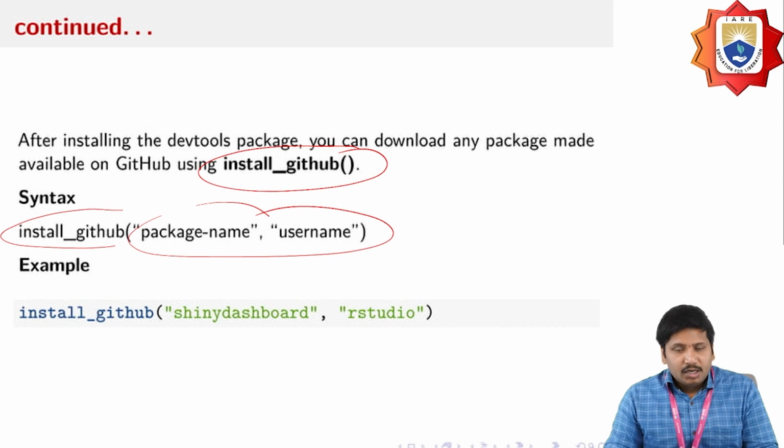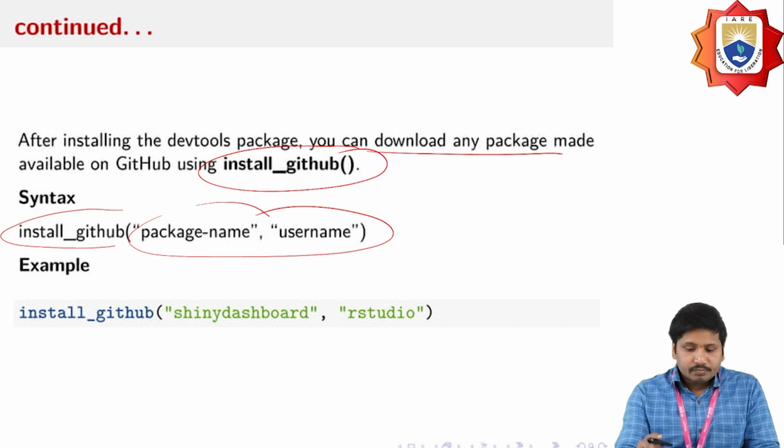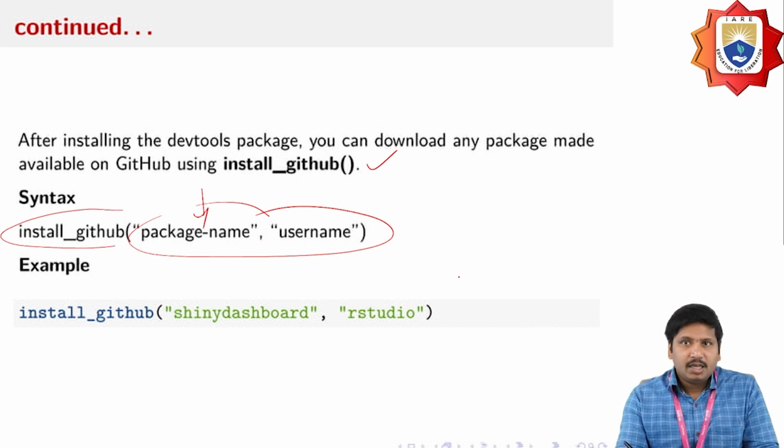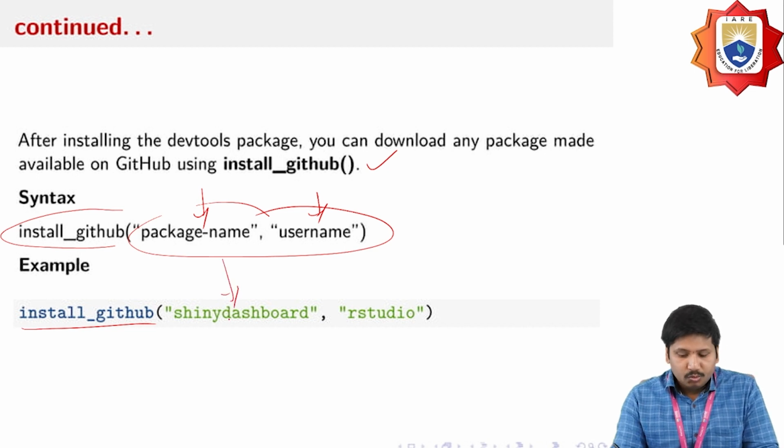After installing the devtools package, you download any of the packages made available on GitHub by using the install_github function, specifying the package name and the username. See the syntax: install_github, the package name is this one and the username is this one. Like this we can install a package from GitHub.